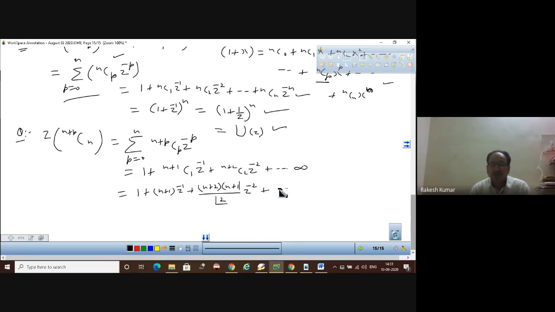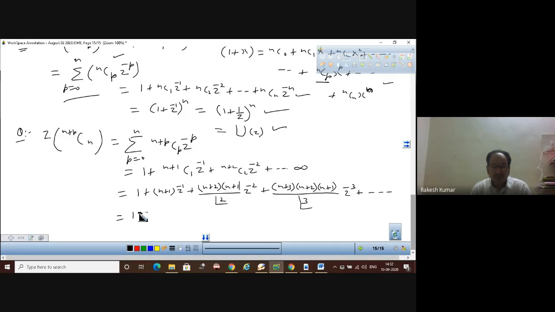If we write one more term, that will be n plus 3, n plus 2, n plus 1 divided by 3 factorial into Z raised to the power minus 3. So the terms can be solved now, and it can be written like this.